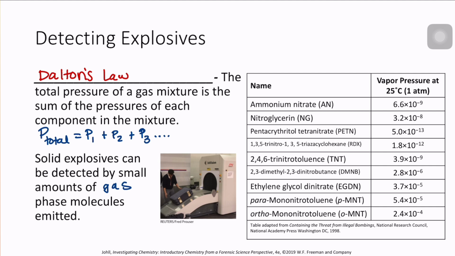The compounds that are added have high vapor pressures and are added to the plastic explosives, so it's easier to detect them by canines or electronic devices. If they have really high vapor pressures, it means that canines would be able to smell the gas that's emitted by the compound.